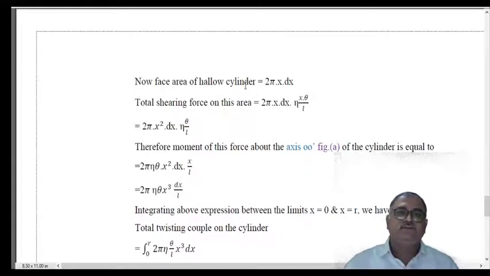The face area for the hollow cylinder has the formula 2 pi x into dx, and therefore total shearing force we have to calculate on this area.